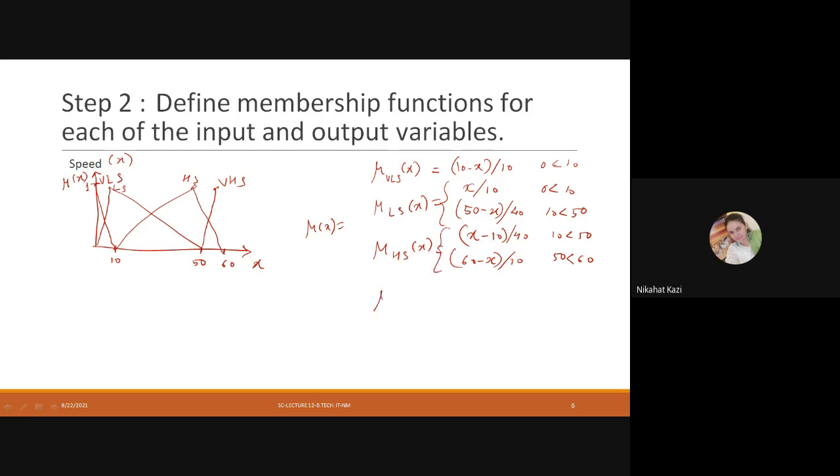And finally, very high speed. In 50 to 60, it's an increasing function. So it is x minus 50 divided by 10. So these are the functions for speed.